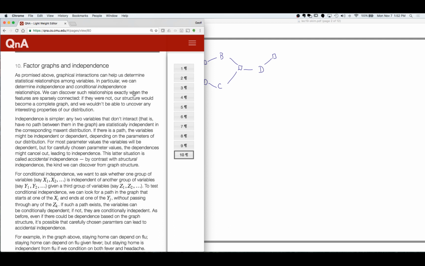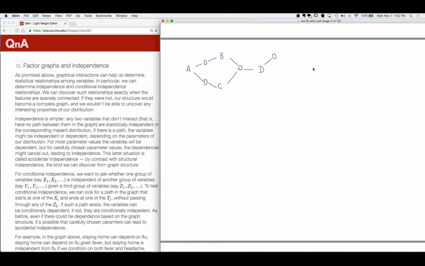And basically what happens is, so let's draw another couple of nodes over here, make a bigger graphical model, and say that they're connected like this.